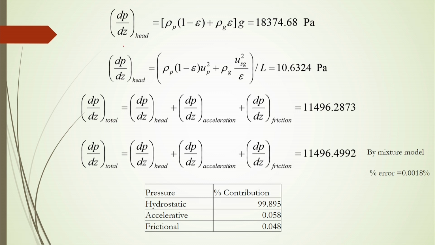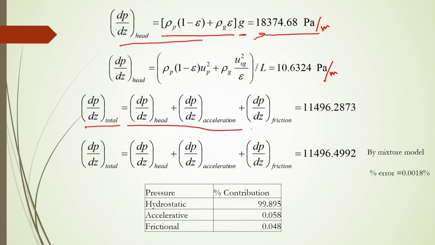And here the head will be nothing but the mixer density into gravitational acceleration, it will be Pascal per meter, and here dP by dz head will be equal to 10.634 Pascal per meter, and then the total frictional pressure drop will be equal to 11496.2873, just the summation of these three components of the total pressure drop.